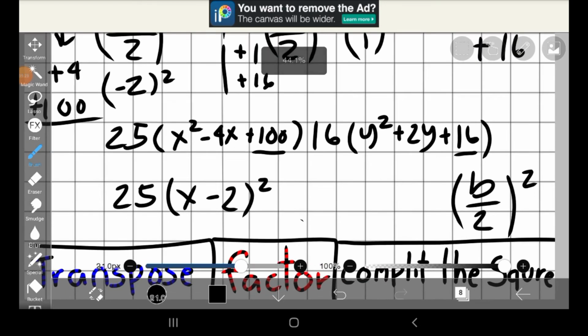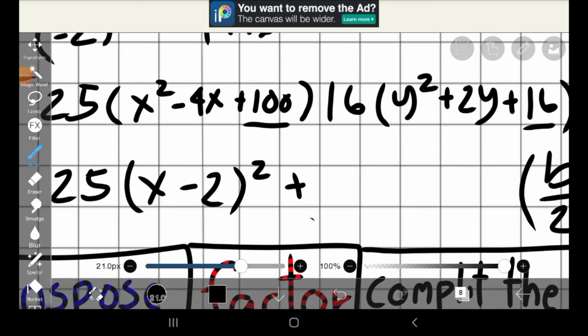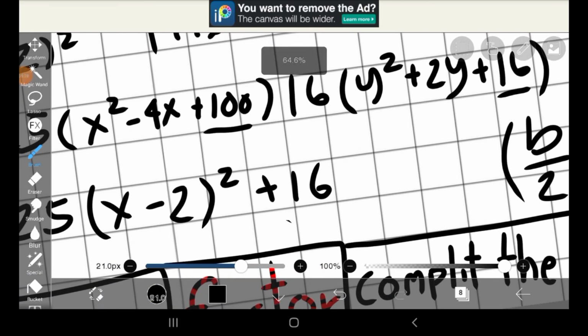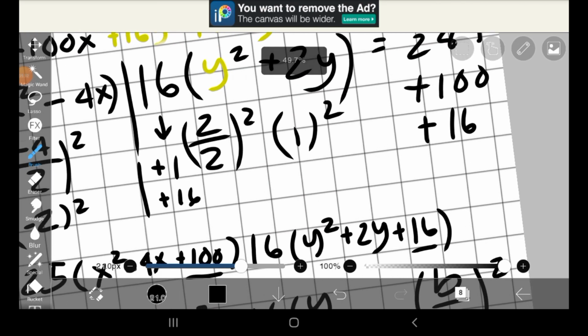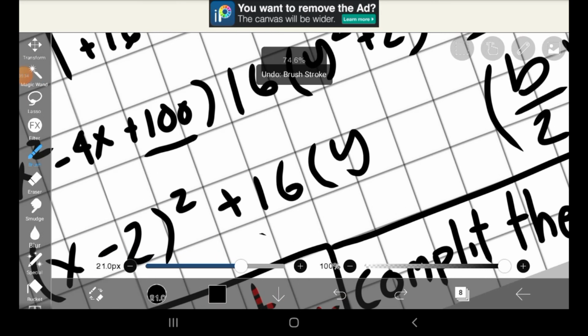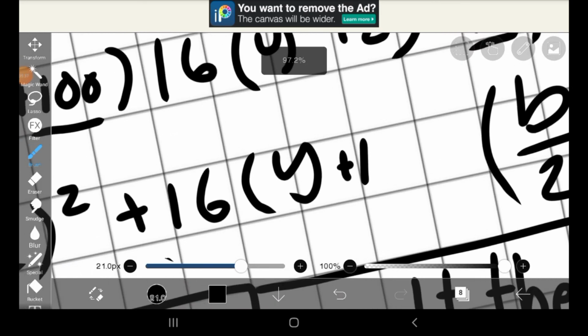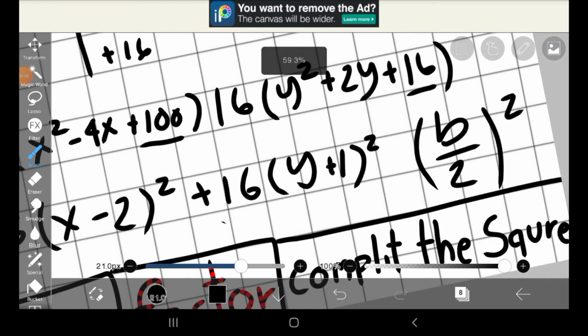And in the y terms, it is positive 16 times y, and then there's a square on this one, so we use positive 1 squared.